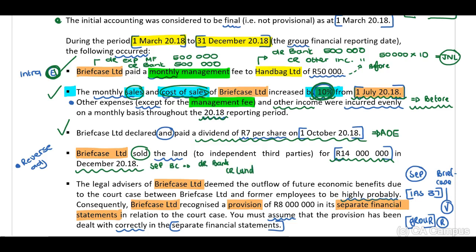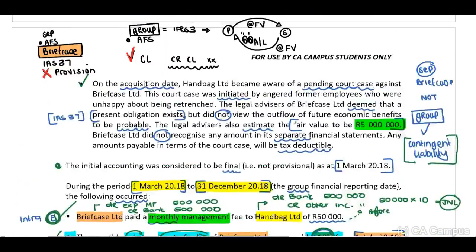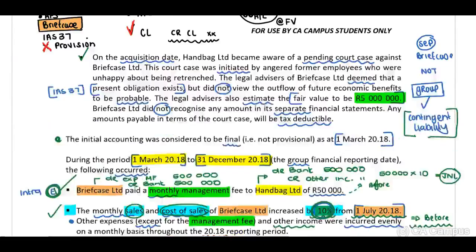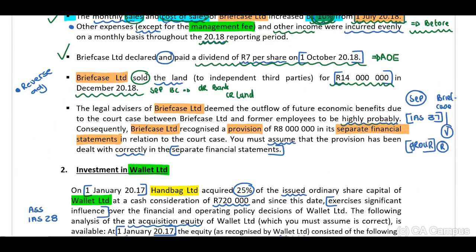But in the separate records, guys, important, they've indicated to us that the value of this land is 5 million. Therefore, in the separate records, we credit and take out the land to the value of 5 million.